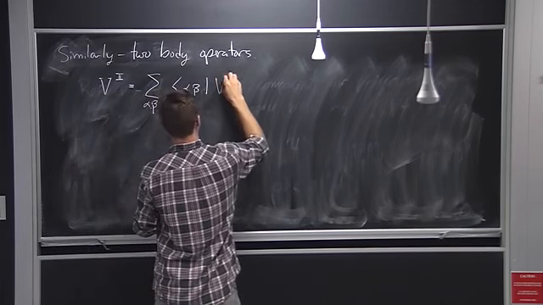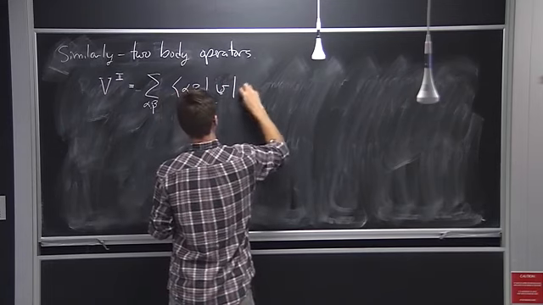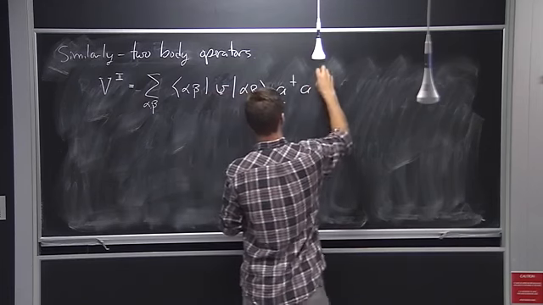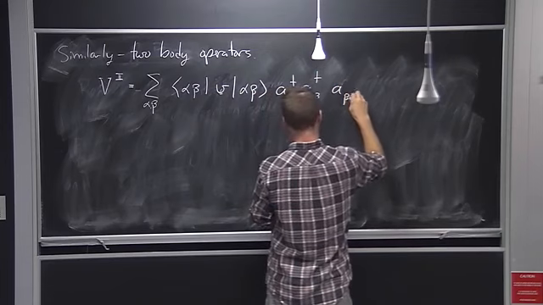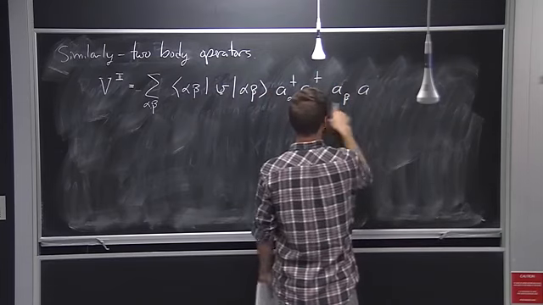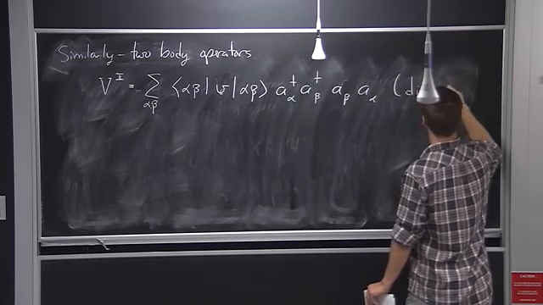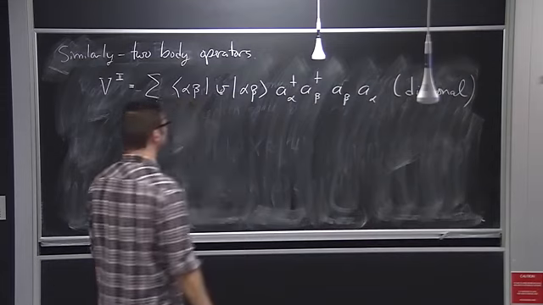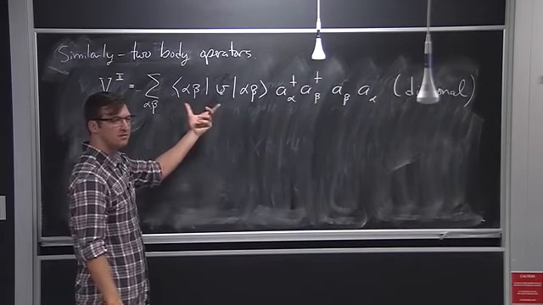Let's write this a bit more compact. So this will be my small v. A alpha, beta, beta, alpha. And again, the problem is calculating the matrix element.